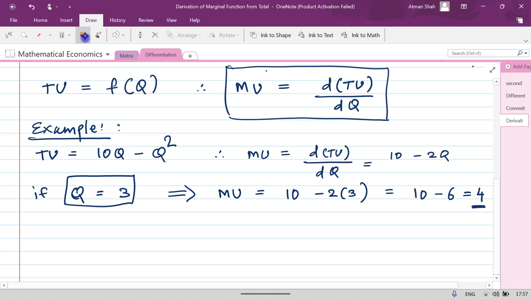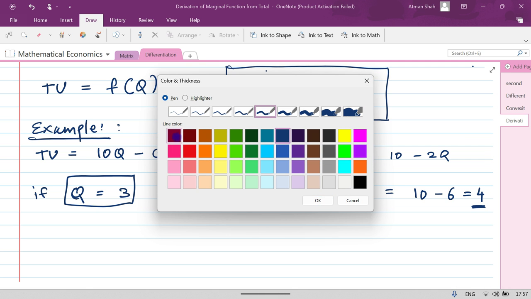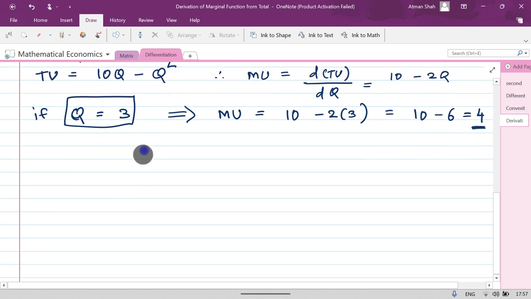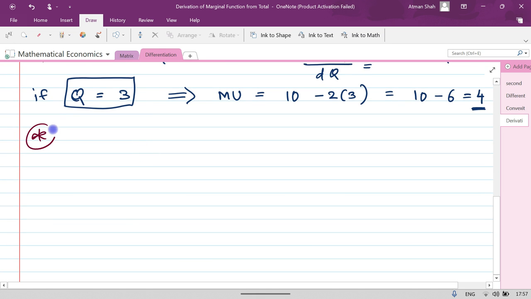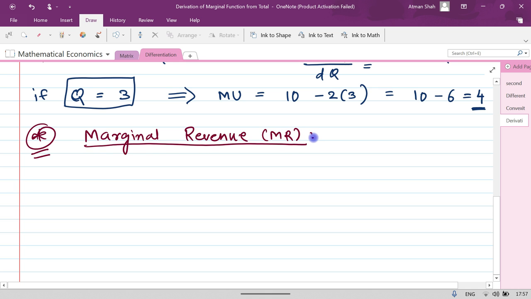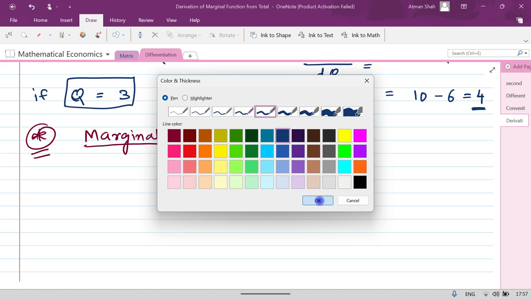Now we are going to understand marginal revenue, that is MR. So how do we define marginal revenue?